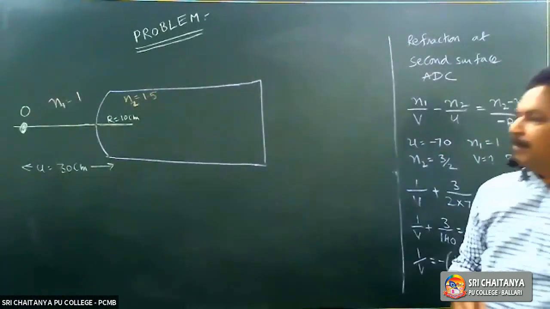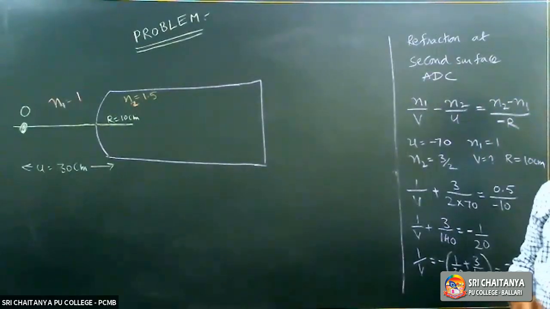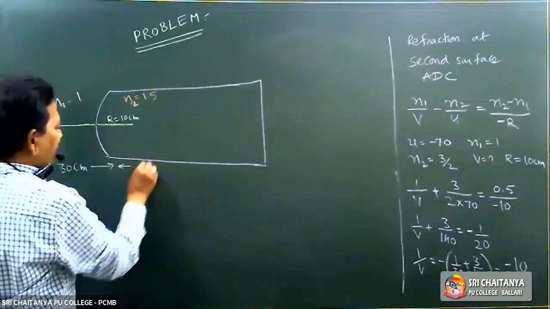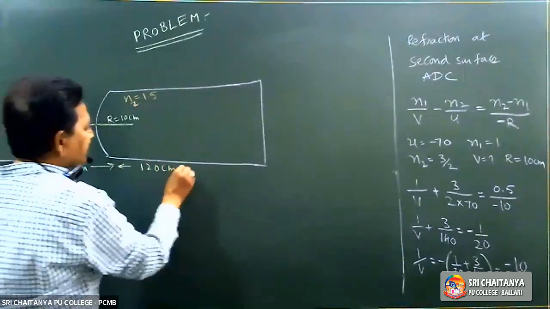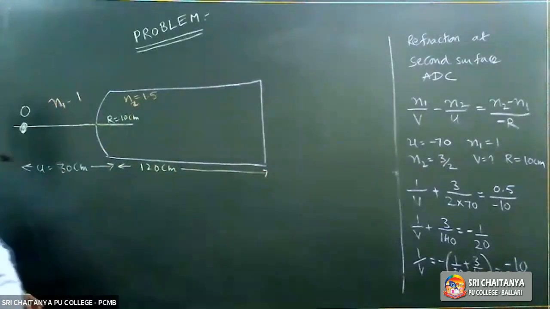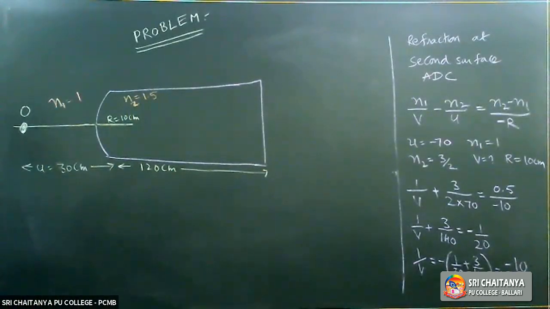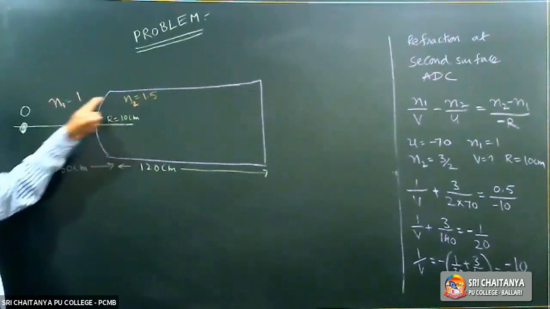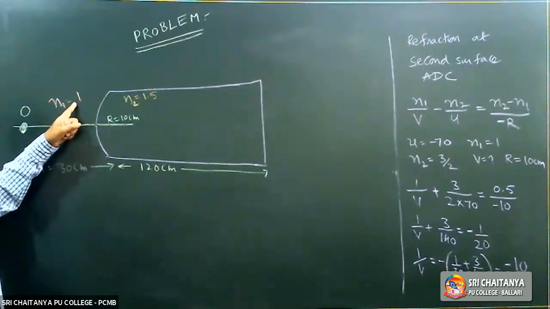What is given in the problem? It is a glass slab. The length of the glass slab is 120 centimeters. Refractive index of the glass 1.5. Refractive index of air 1.